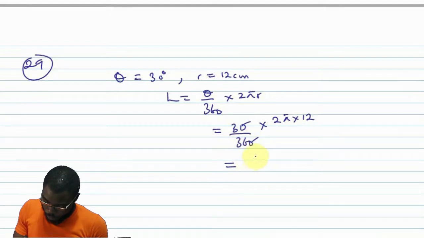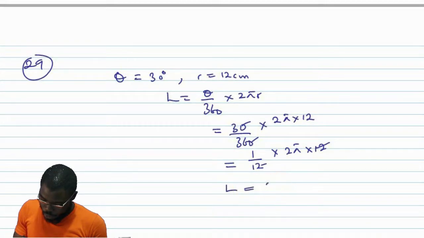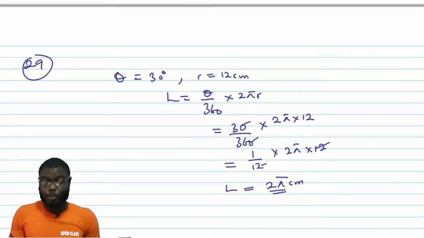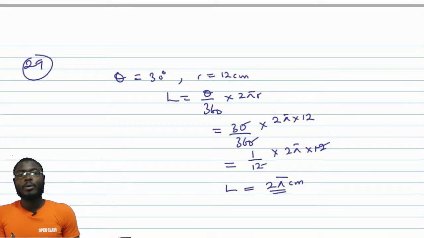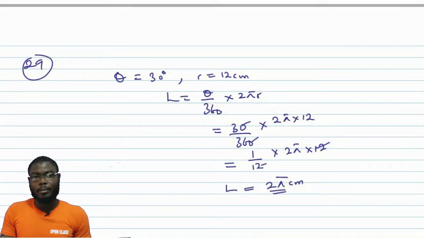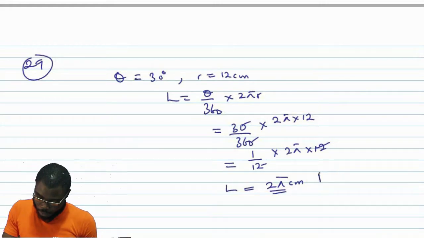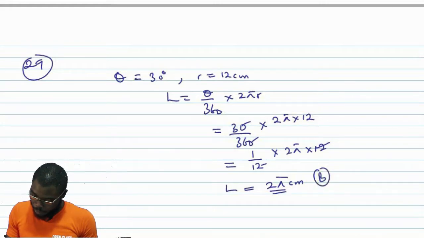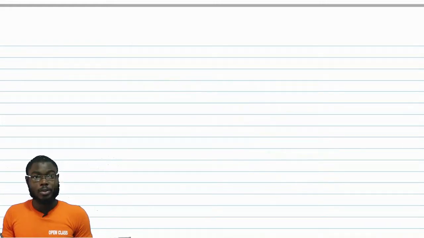So we have 1 over 12 times 2 pi times 12, so this takes away this. So the length of the arc is 2 pi centimeters. The unit is very important. All right, so the answer is B.